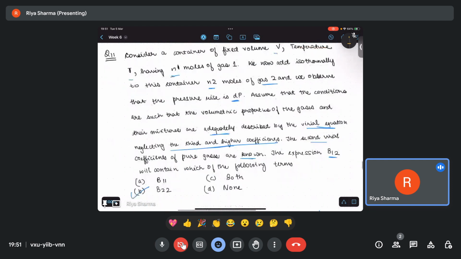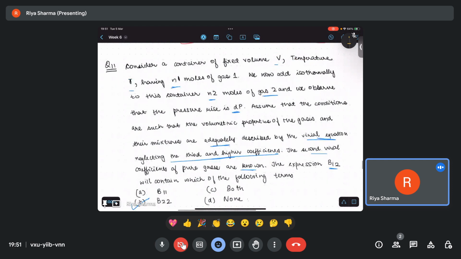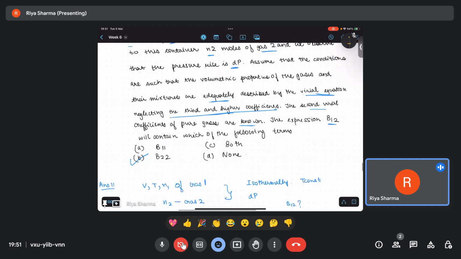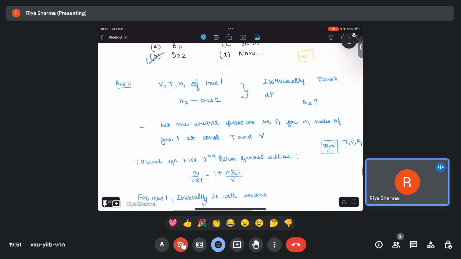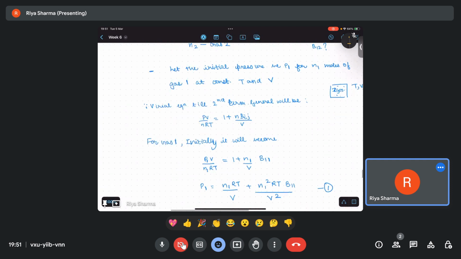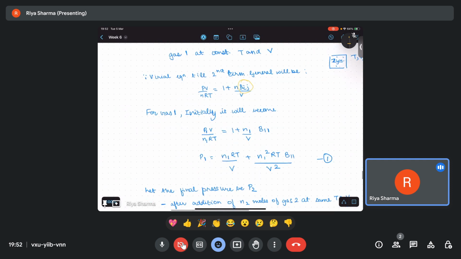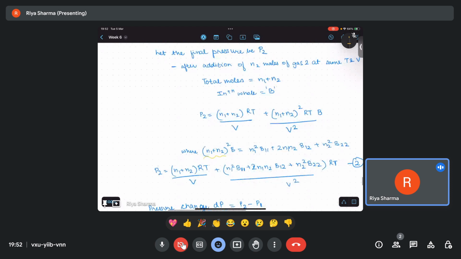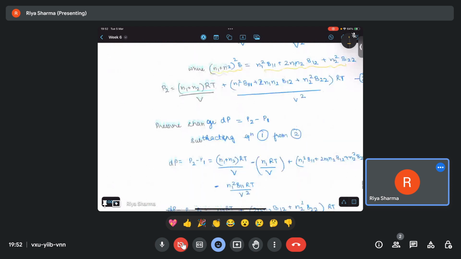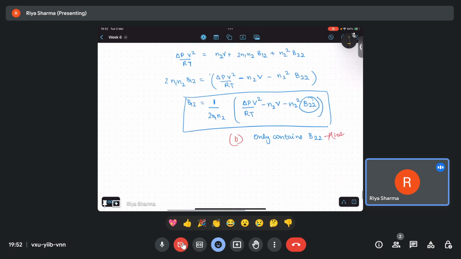The other was on the concept of virial coefficient, with a V term and temperature in n1 gases, and we added another gas, gas 1, gas 2, and tried to find how much B22 will be there, and how much interaction term with all the moles. When we calculated, this was the answer we got: it is only dependent on B22, with no interaction of B11.